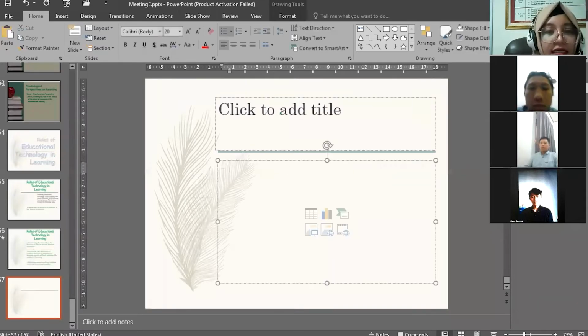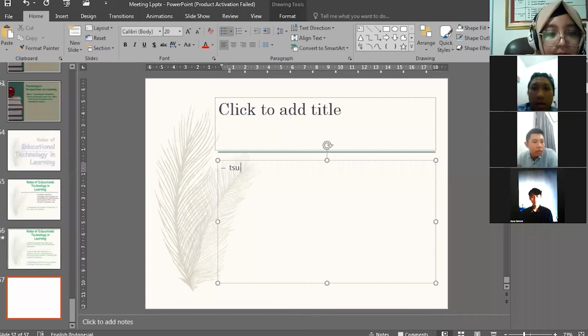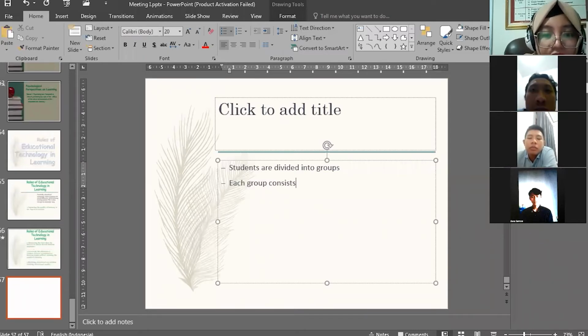First, students are divided into groups. Each group consists of 5 students.